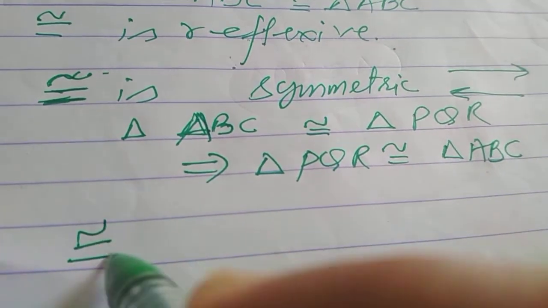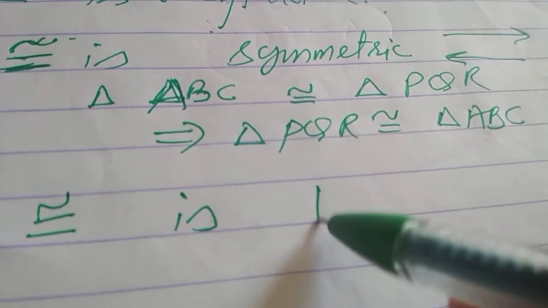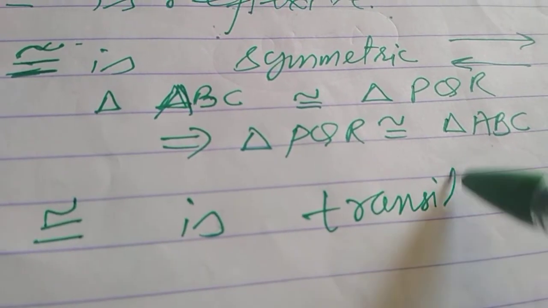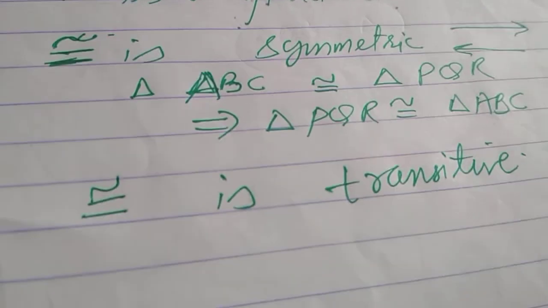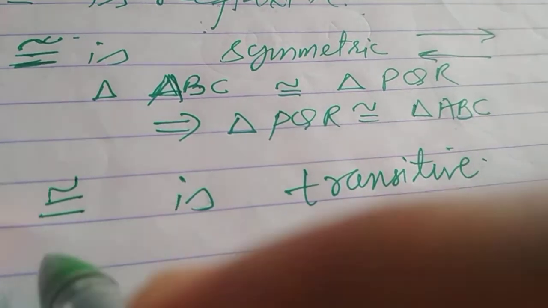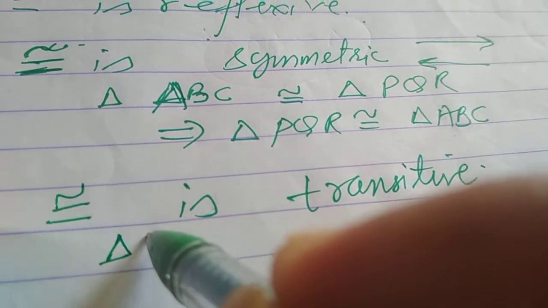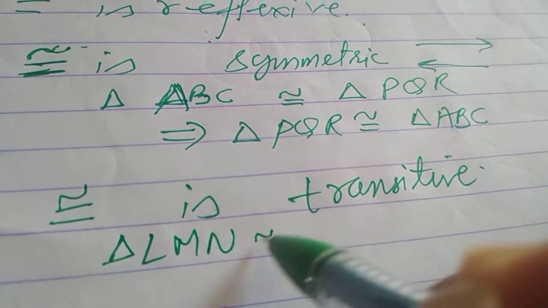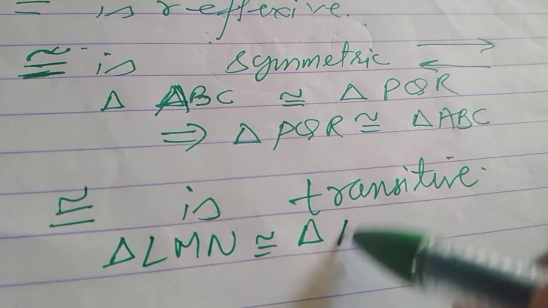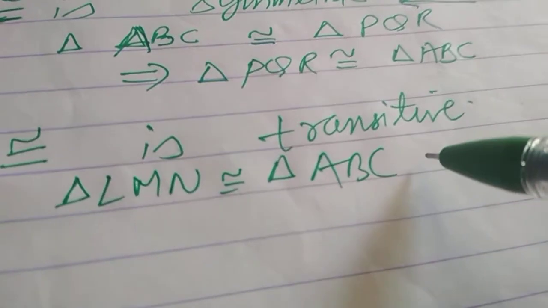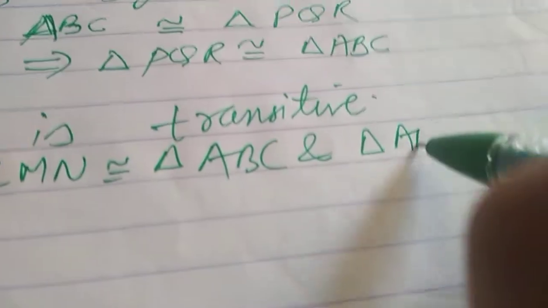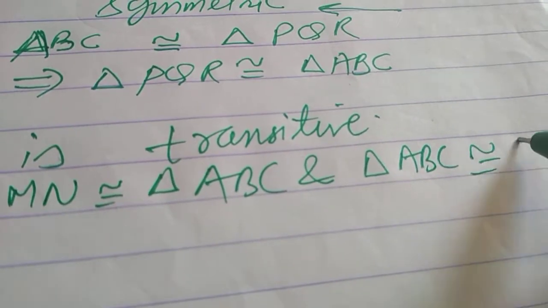Then the third property: the congruence relation is transitive as well. The best example is, for example, triangle LMN is congruent to triangle ABC, and triangle ABC is congruent to triangle PQR.